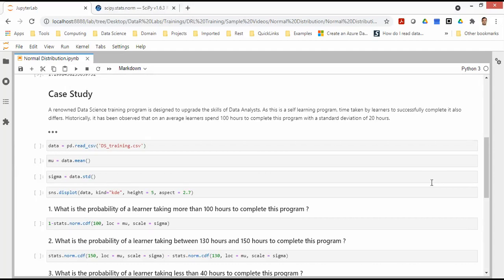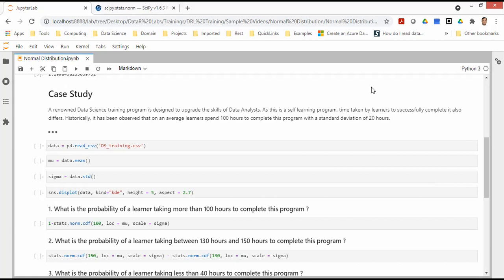In this institute, the learners have the flexibility to learn data science at their own pace through a self-learning program. Since it's a self-learning program, of course, the pace of learning or the amount of time taken by different learners would be different.